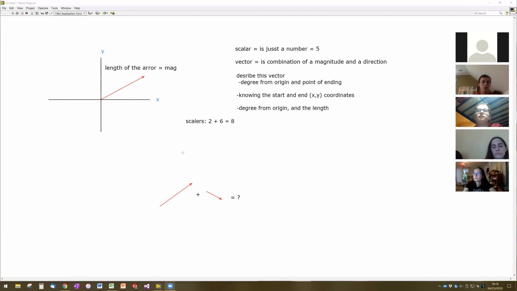So if we just had 2 bars of length 2 inches and 6 inches, and we added those together, what would that look like physically?